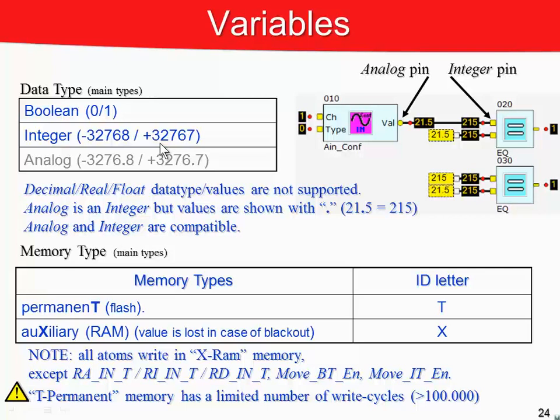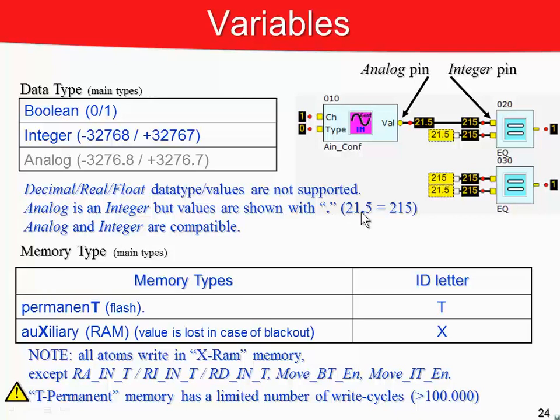But since many values used in the application of our market are values expressed in tenths, in 1Tool there is a support data type called analog that is an integer, you can see here, integer, but the values are shown with the decimal dot.